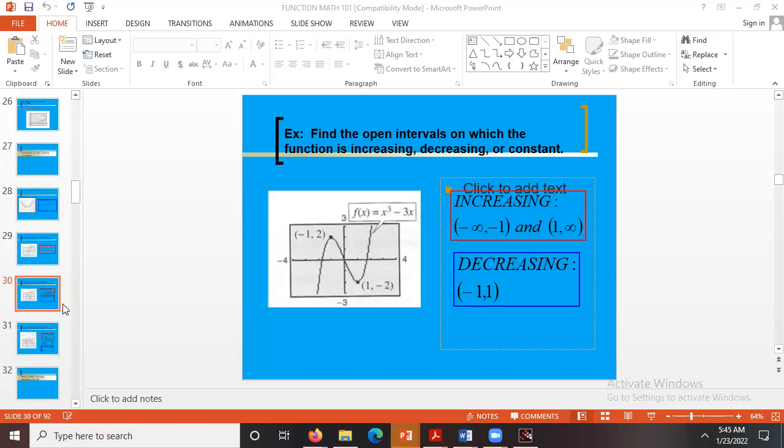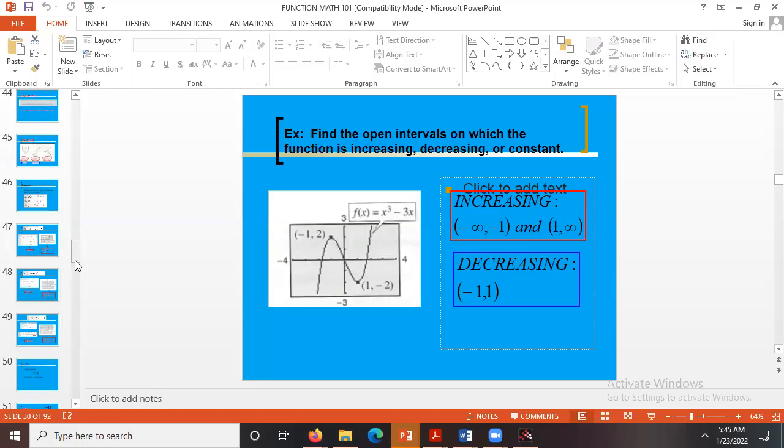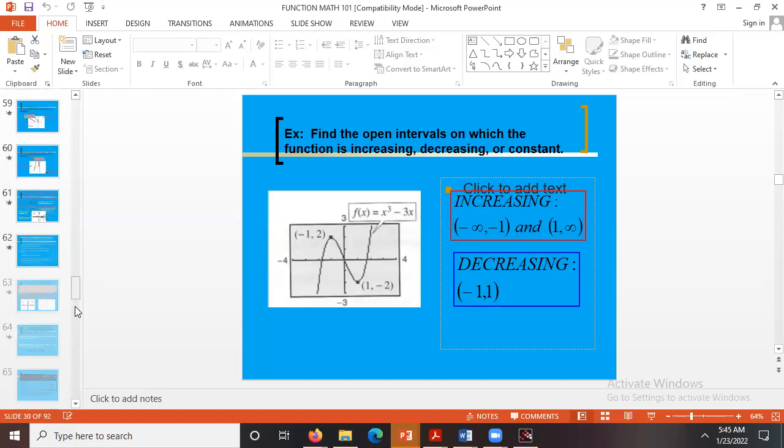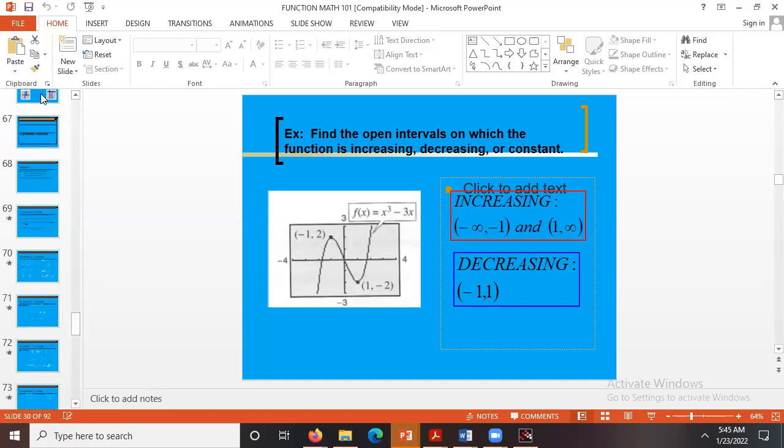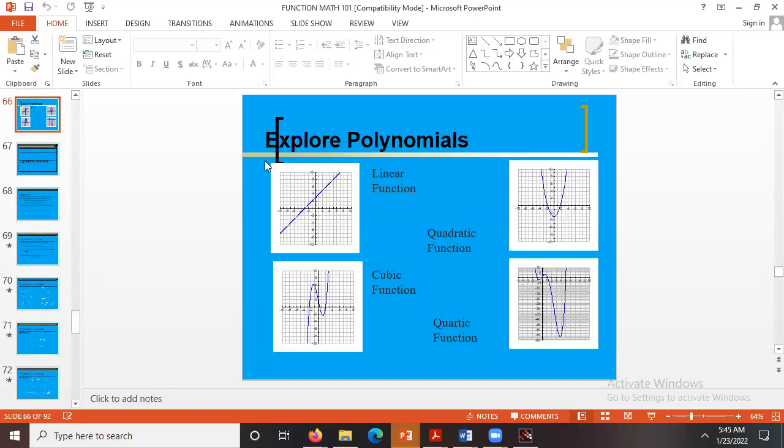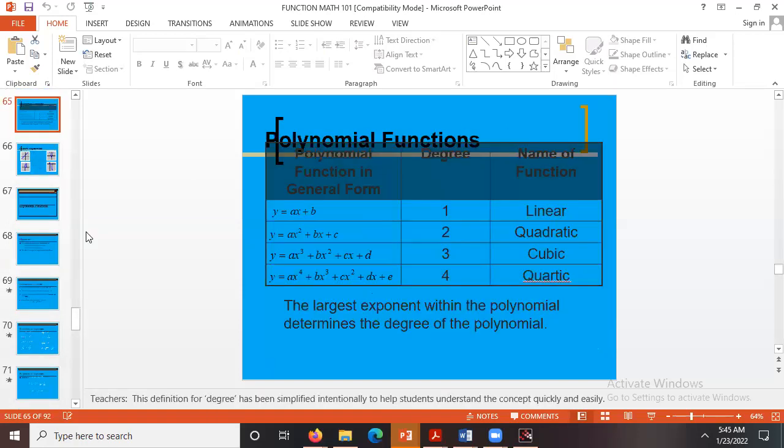We also know that for polynomials, let me scroll down all the way to the polynomial function. For the polynomials, we have this in the slides. I think I've already sent it on the course reps page, so it is also available to you.